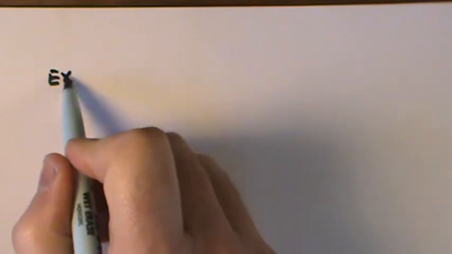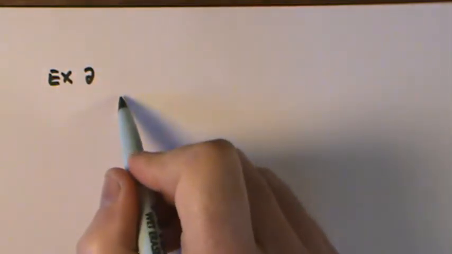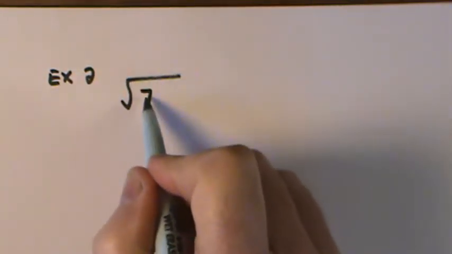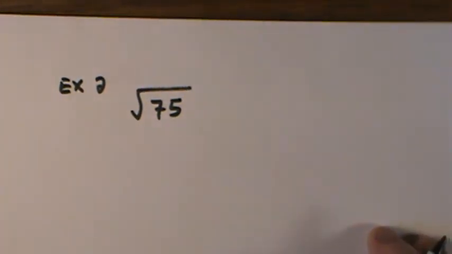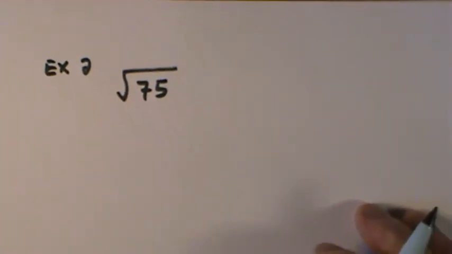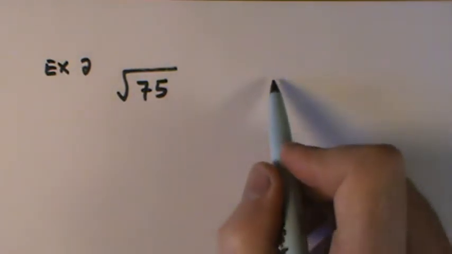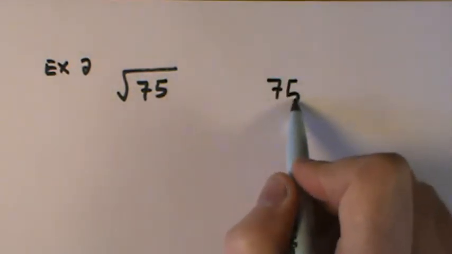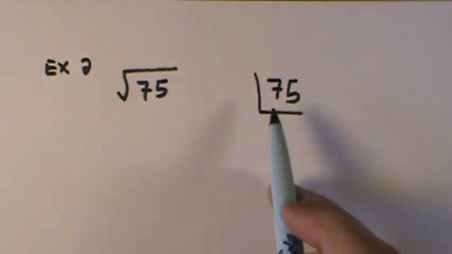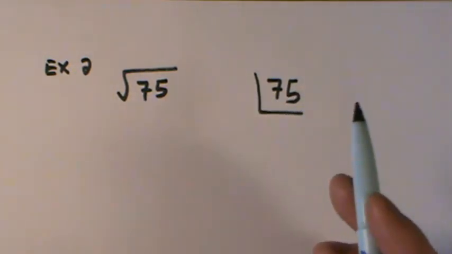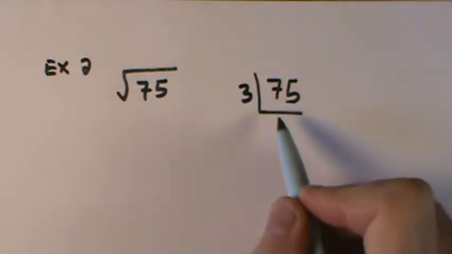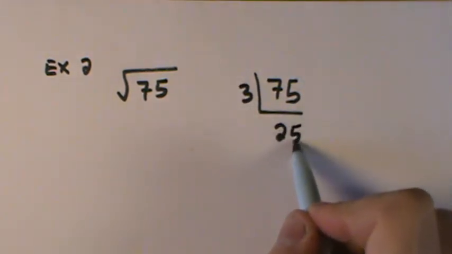Let's say that we have, we'll call this example 2, the square root of 75. And as you get more experienced with this, you'll be able to break these down really quickly. Right now, you may struggle. So you'll have to do this a few times till you get very comfortable with these numbers. 75, I recognize it's divisible by 3. I could divide by 3. Leaves me with 25.